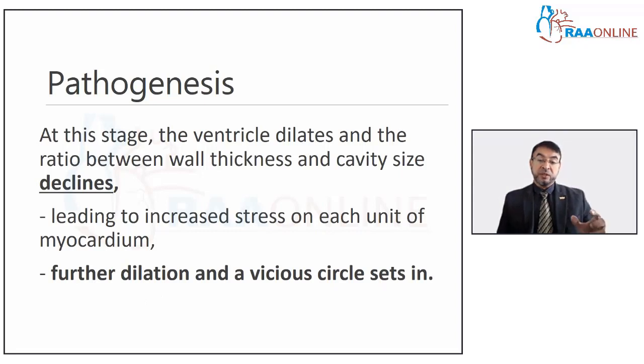So the ratio between the thickness and the cavity size declines. So the myocardial fibers are in great stress to pump out the blood. And since they are in a stress to pump out more blood, the myocardial fibers can become weak and dilate further. And this continues and a vicious cycle sets in.